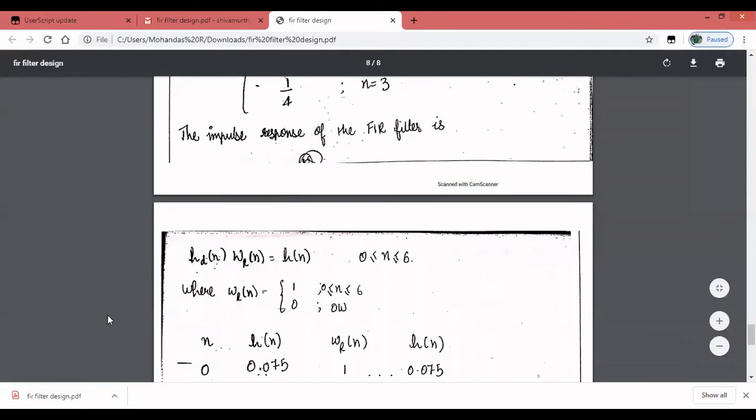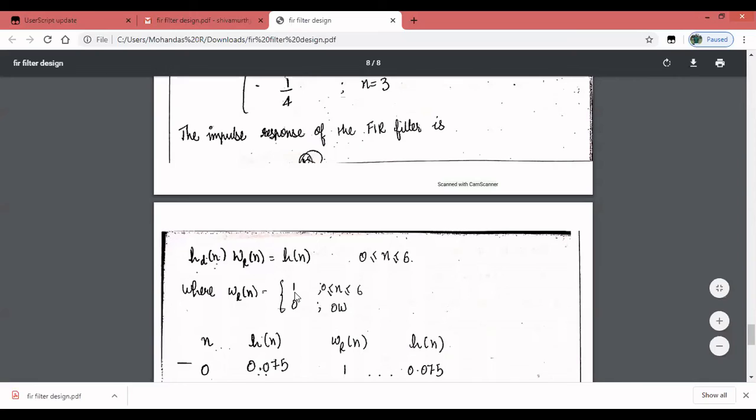For samples varying between 0 to 6, it will be 1. We know that for a rectangular type of window, the magnitude of the samples will always be 1. So for n equal to 0 to 6, it is 1.